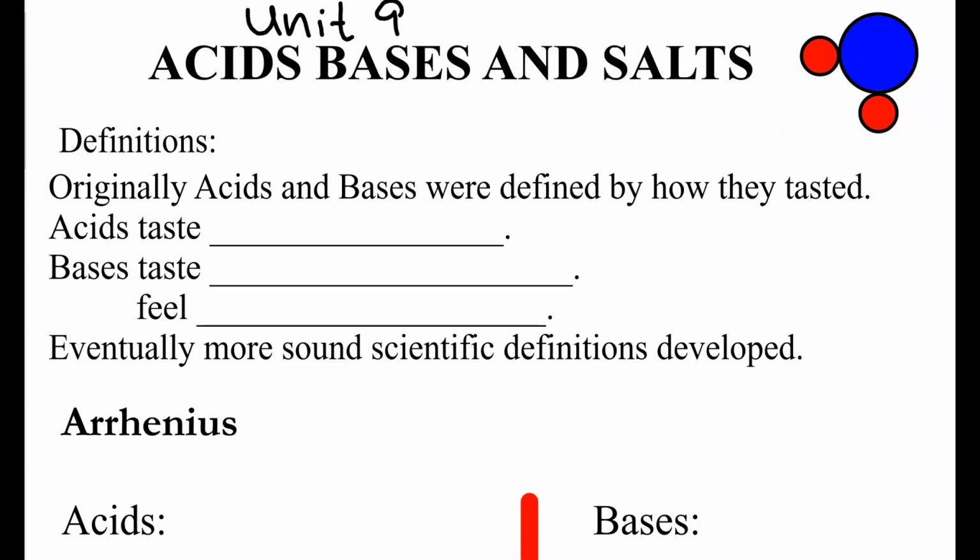So the word acid comes from ácido, and all my Spanish speaking friends out there know that ácido means sour. So acids are things that taste sour. All right. And in your head right now, think about what types of substances you know that are acidic, specifically foods.